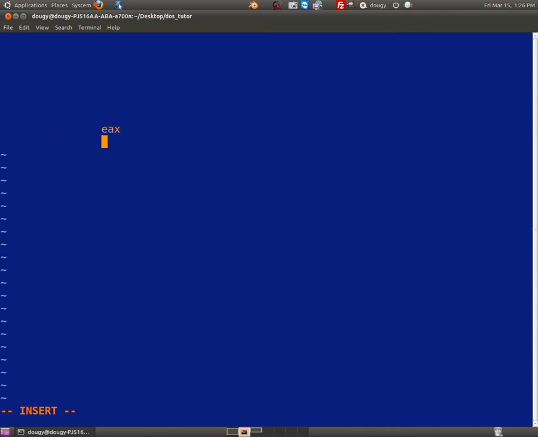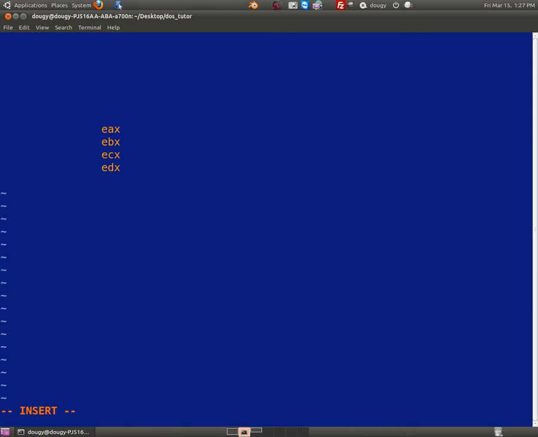EAX, EBX, ECX, EDX, and let's say extended code segment. Let's say we're only going to talk about these parts, certain parts of the processor so far.